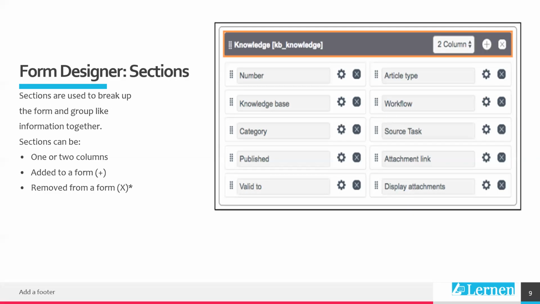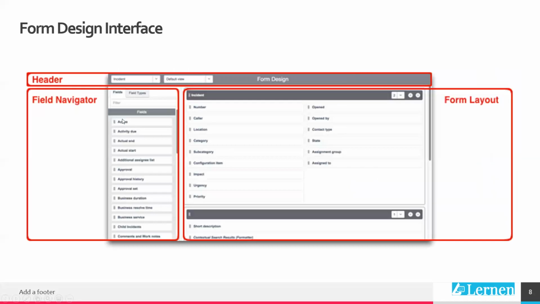The form designer is used to design your sections, put in a new form, remove some field. This is the generic way it will look: there will be a top header, then the form layout, and the field navigator.